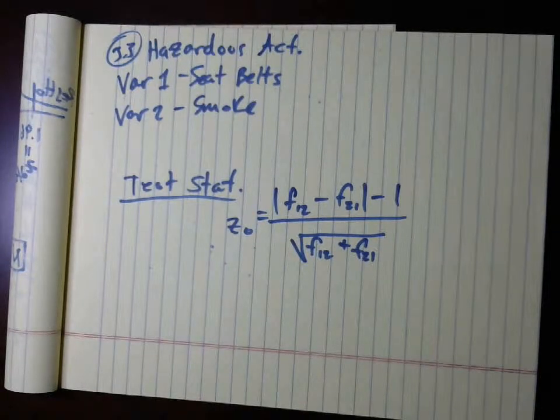The idea in general is success in one, failure in the other, and then failure and success, and use those two values. And we want to know if there's a major difference between those two different hazardous activities.